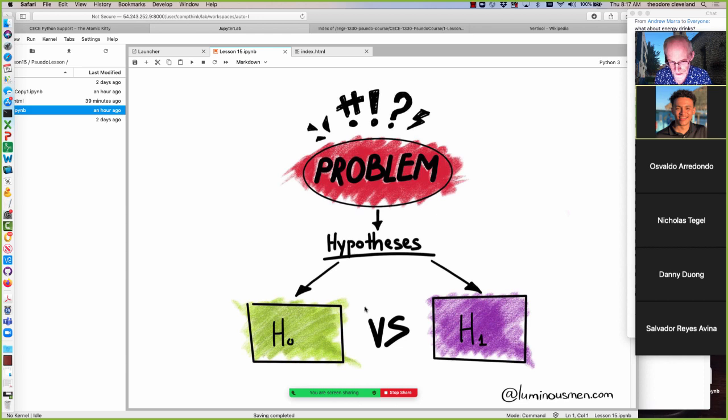And so the hypotheses are mutually exclusive. That is, the H0 assertion is not supposed to contain parts of the H1 assertion, and vice versa. The H1 assertion is not supposed to contain parts of H0. And so we've alluded to that all along. So when we did our if-then stuff, we would have if a variable is greater than or equal to some sentinel value or less than the sentinel value.